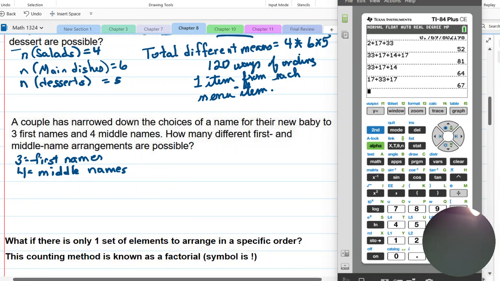And how many different first and middle names can be arranged are possible? So we're going to use again our multiplication principle.